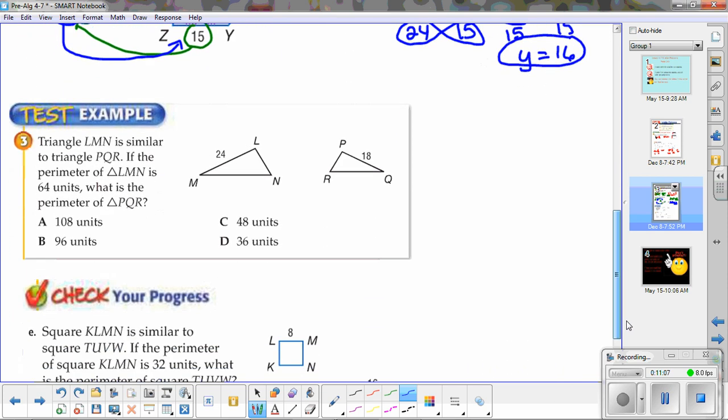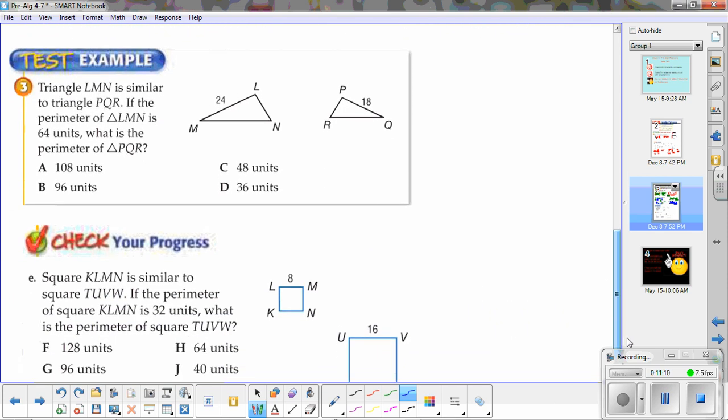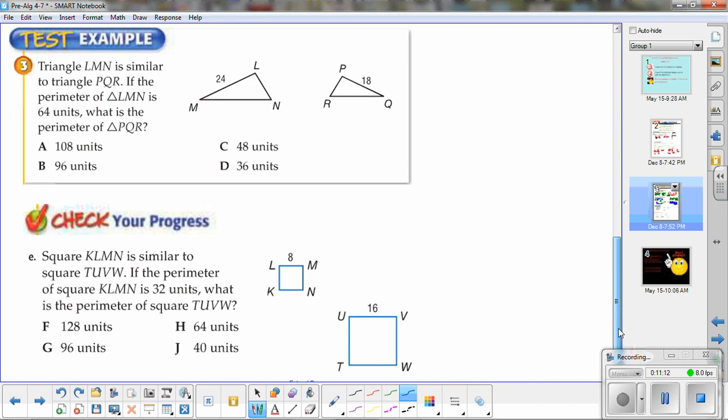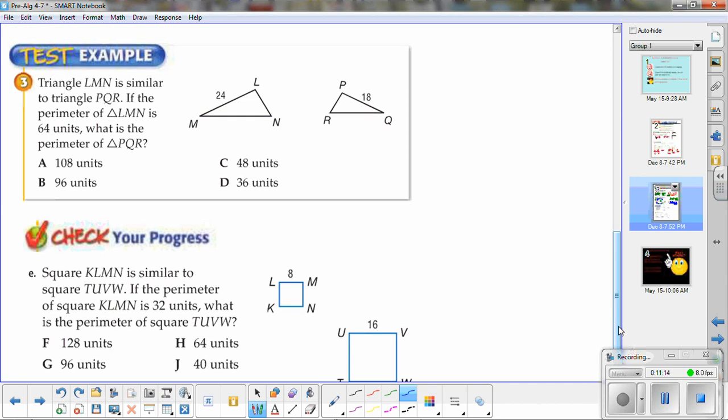All right, the very last example has to do with perimeter. If two figures are similar, their perimeters are proportional as well. So it says triangle LMN is similar to triangle PQR. If the perimeter of LMN is 64, what's the perimeter of PQR?